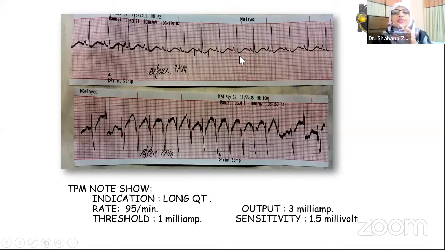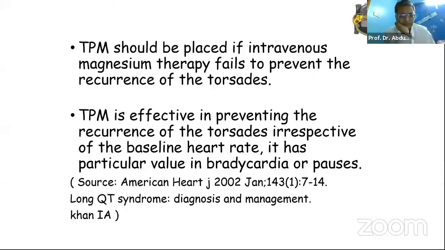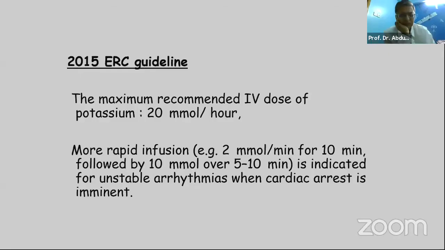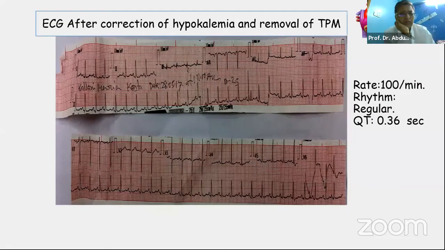This is the ECG. At discharge, what was the QT level? Last ECG. Yes, the QT is about 360 milliseconds. Still the QT is prolonged.